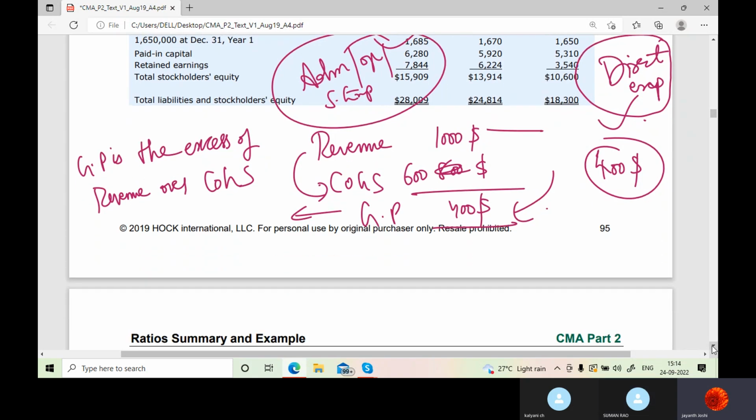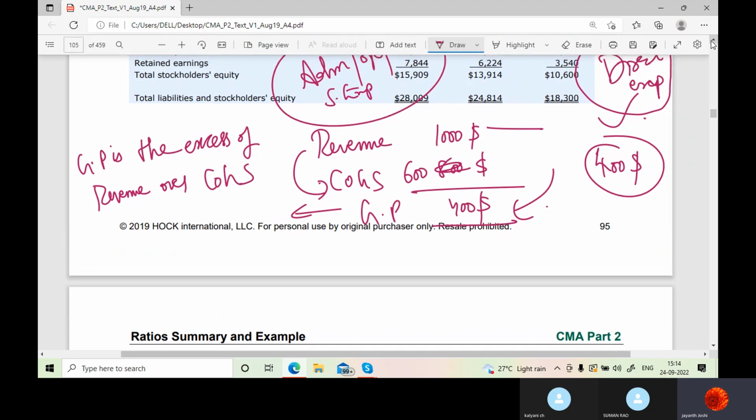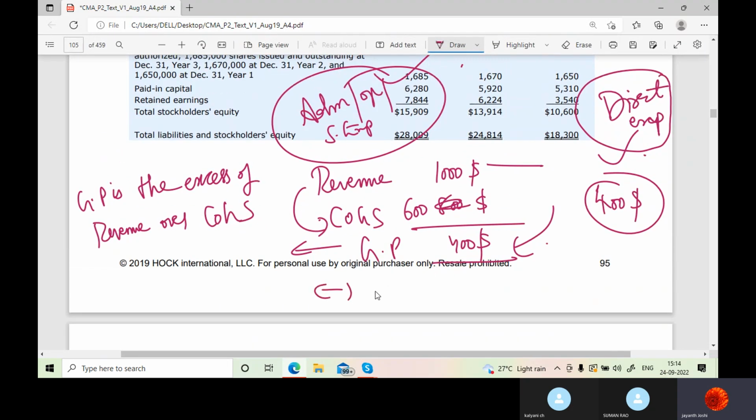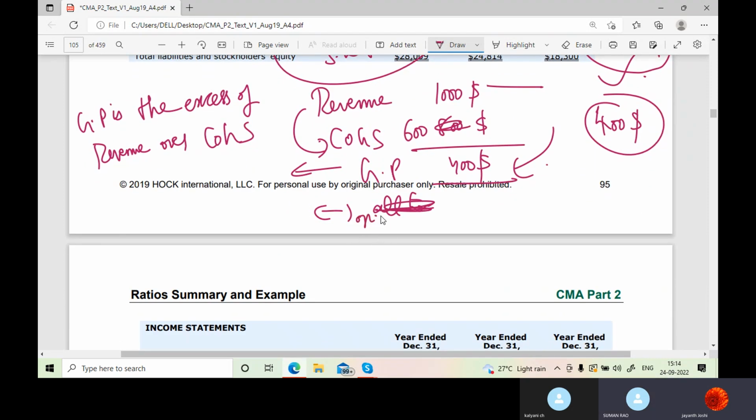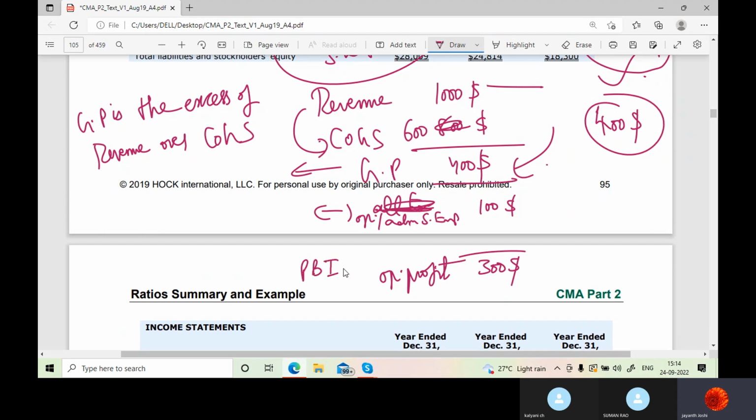Now, this is your gross profit less all expenses. Let me be clear to you. Operating, administration, selling expenses. Let's say that is $100. So what I get is $300. Can I say that is my operating profit or PBIT or EBIT, whatever you want, you can say. Correct?